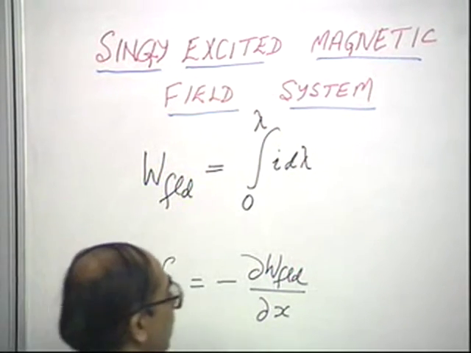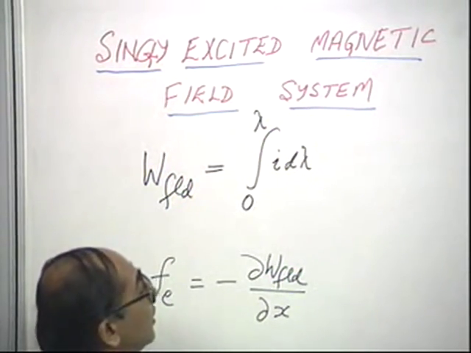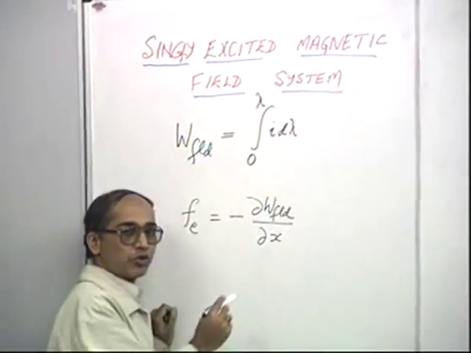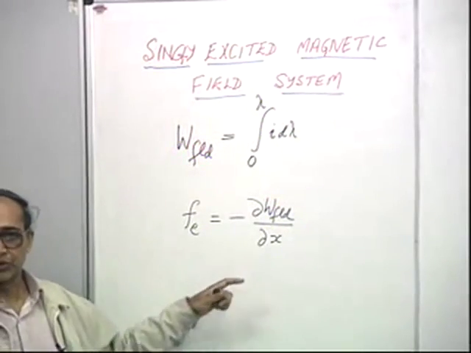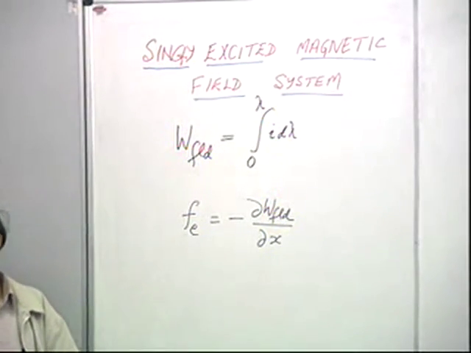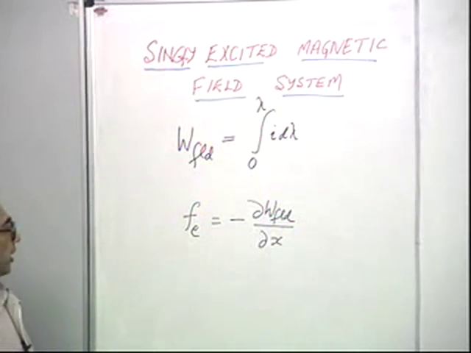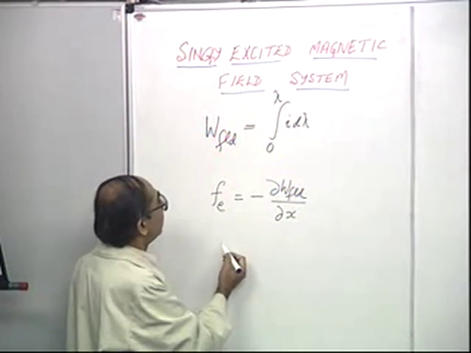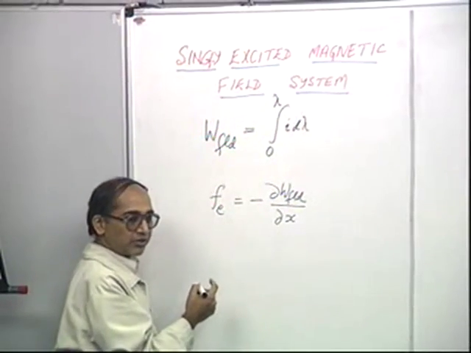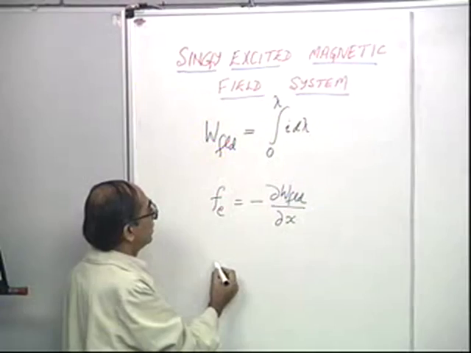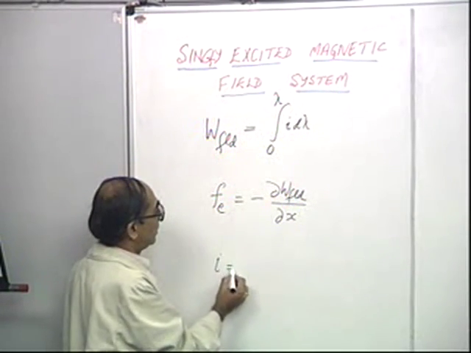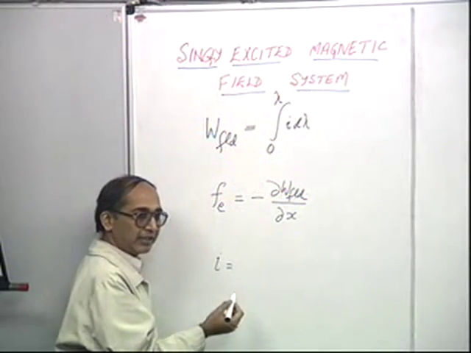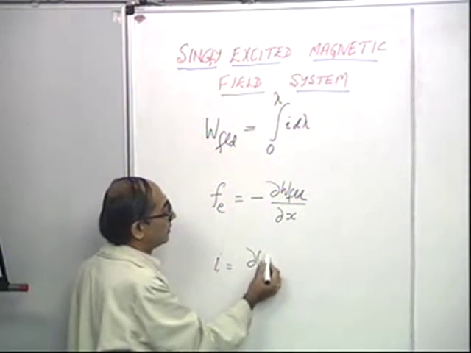That is the rate of decrease of the stored energy with reference to displacement x. And from this we got another expression, that is, I is equal to delta W field by delta lambda.